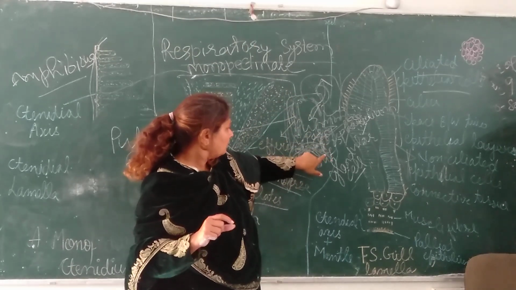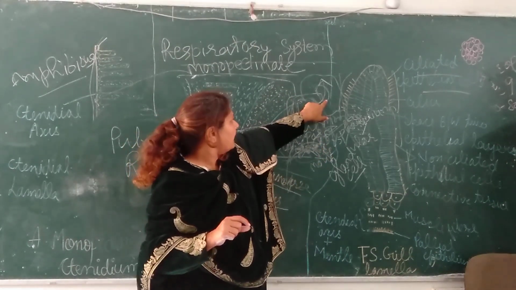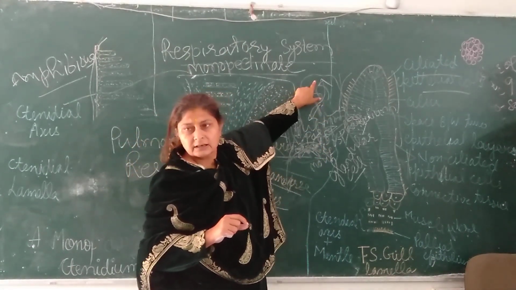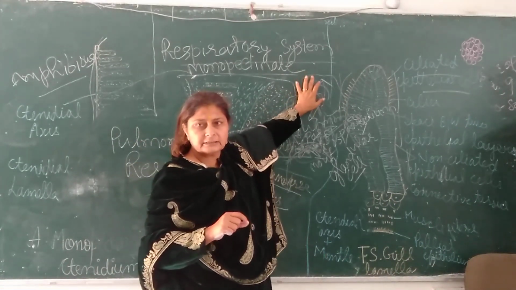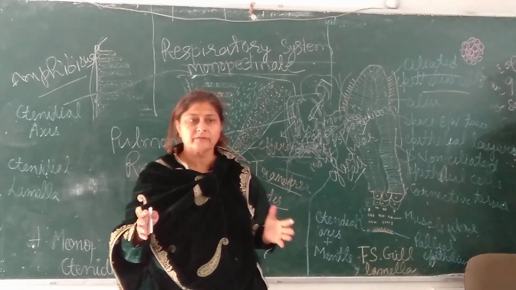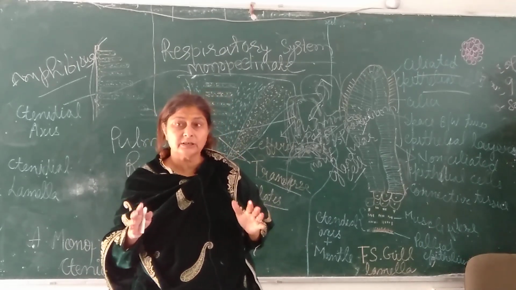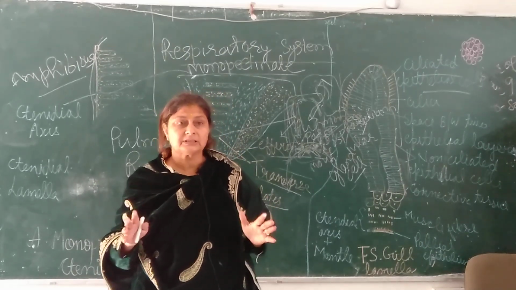Now clear? Here the air enters the lungs. This lung is highly vascular, which means it has huge blood vessels.